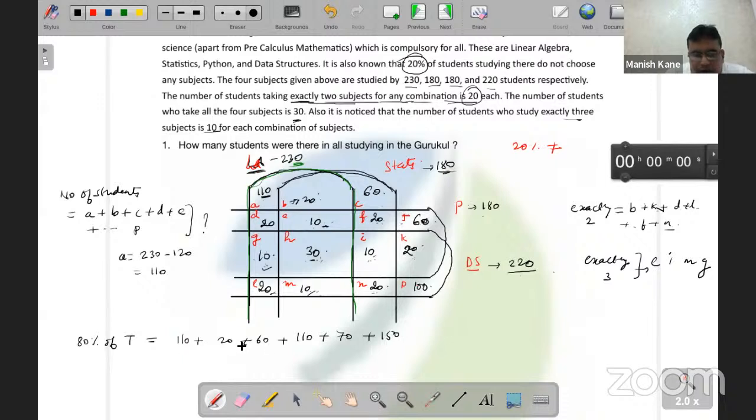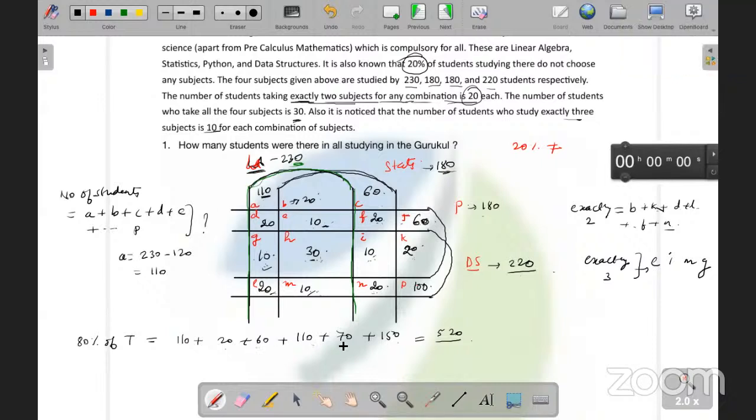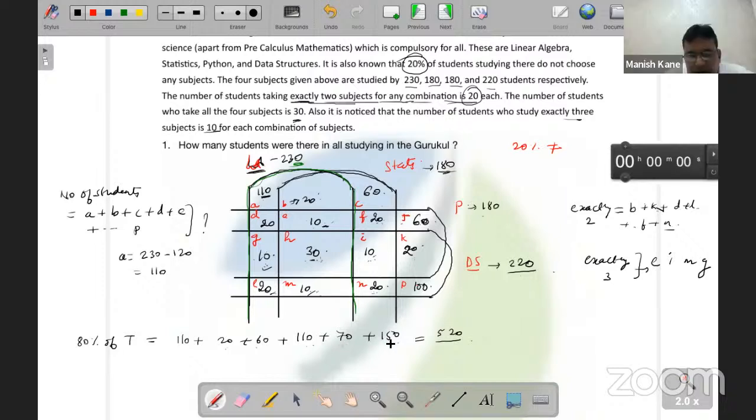And how much is this? 130, 190, 300, 370, 470 and 50, 520.